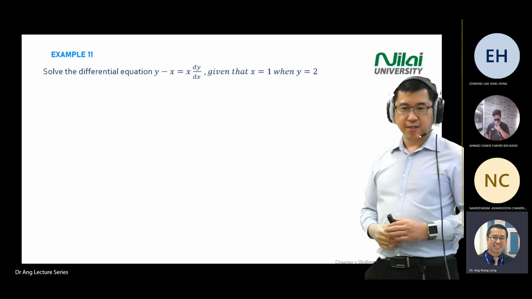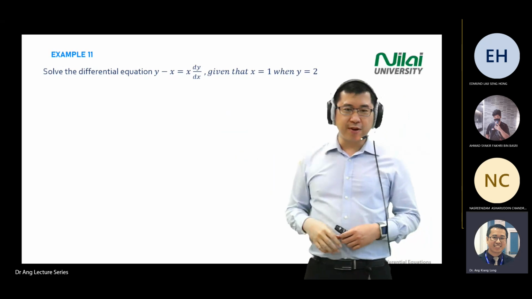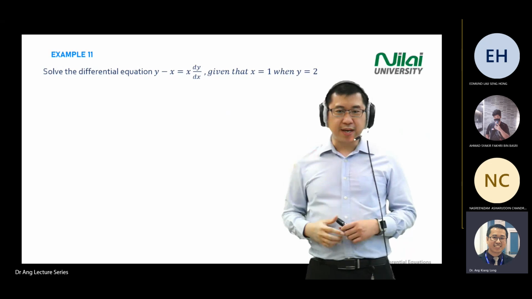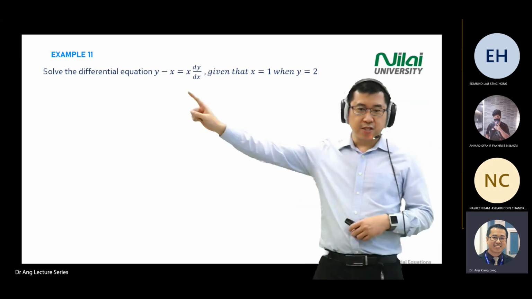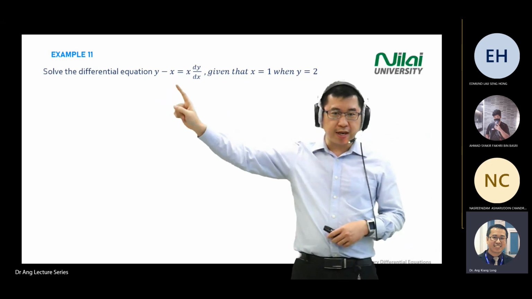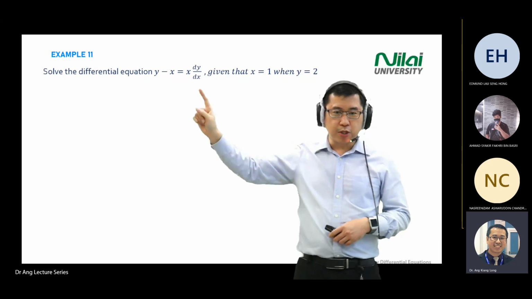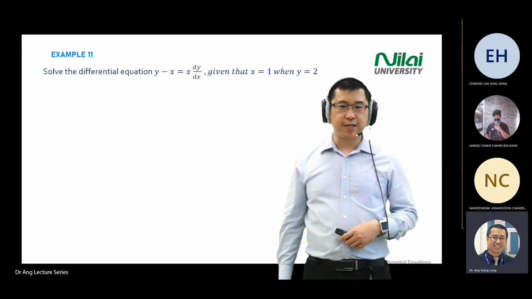Because all power of no power. No power? How can no power have power 1? Of power 1. If no power, it is 1. So all the maximum exponents are y to the power 1, minus x to the power 1, and x to the power 1 also. And this one is first order because dy/dx is first order.